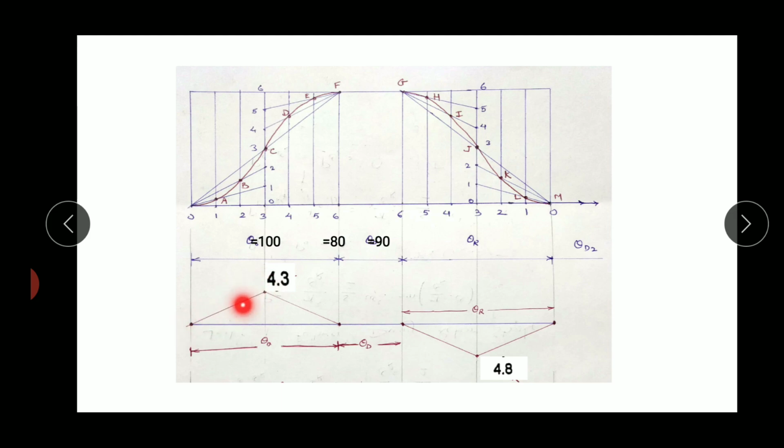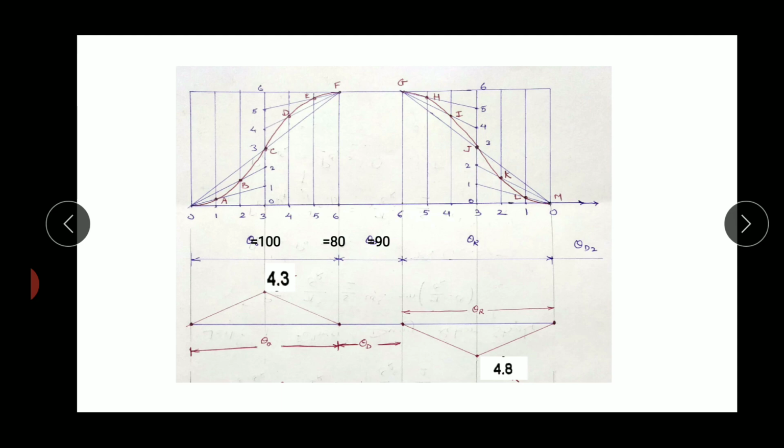That means during the first half the acceleration is positive. During the next half of the stroke, as the slope is negative in the velocity diagram, that means acceleration is negative during the second half of the stroke. That's why the acceleration has the same constant value, but it is negative acceleration or retardation or deceleration.